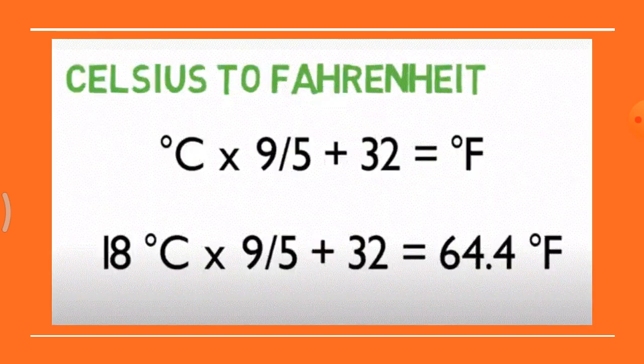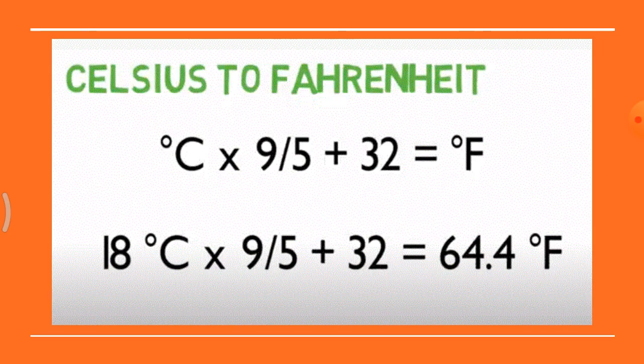How can we convert Celsius to Fahrenheit? Here is a formula. We have to multiply the 18 degrees centigrade by 9 by 5 plus 32. It is equal to 64.4 degrees Fahrenheit.